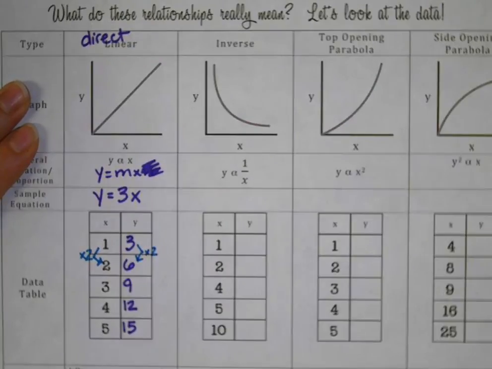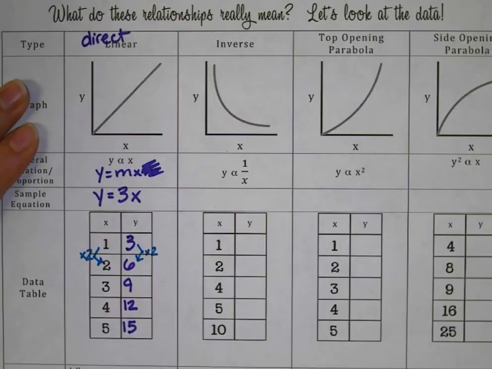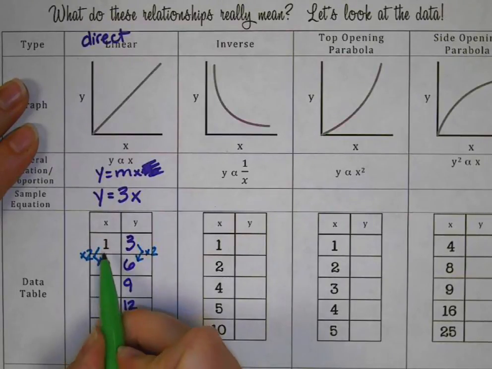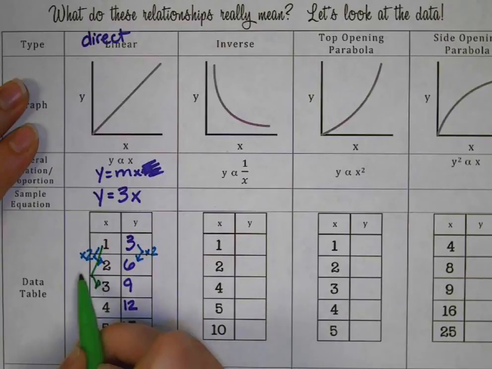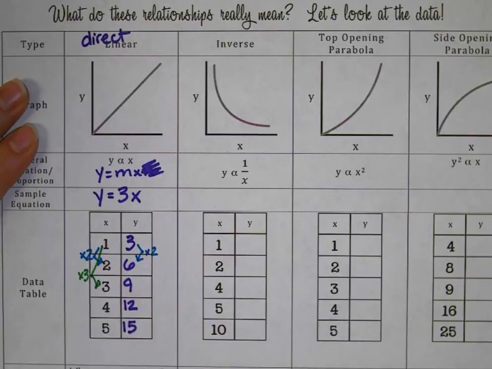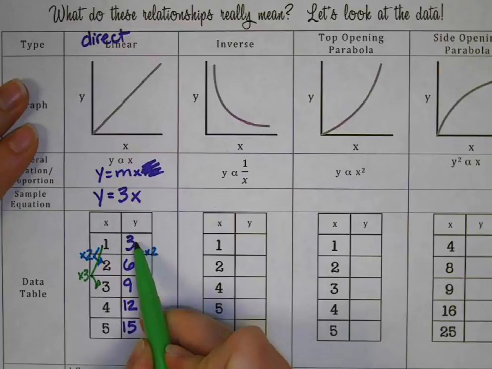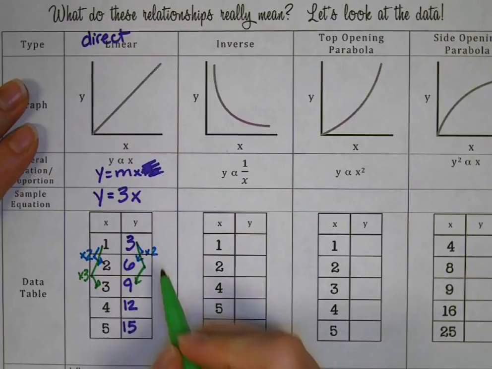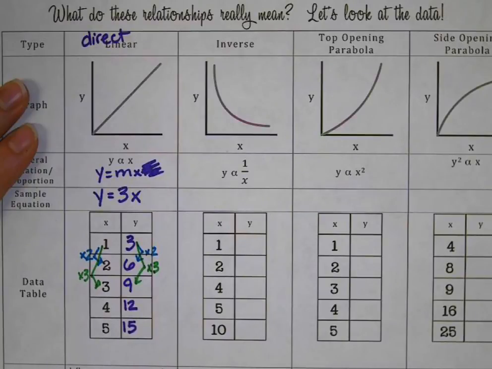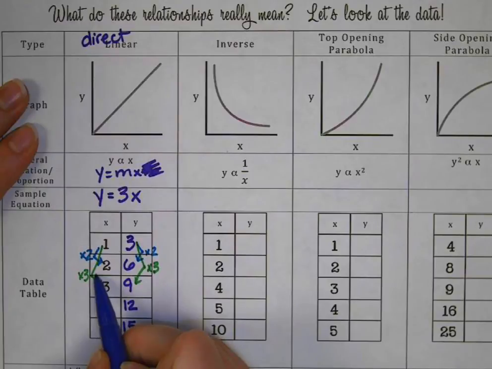The next one, we can look at more than one, but the next one would be perhaps going from 1 to 3. I change by a factor of 3. Then from 3 to 9, I also change by a factor of 3. We could continue on and take a look at 1 to 4 or even 2 to 4.